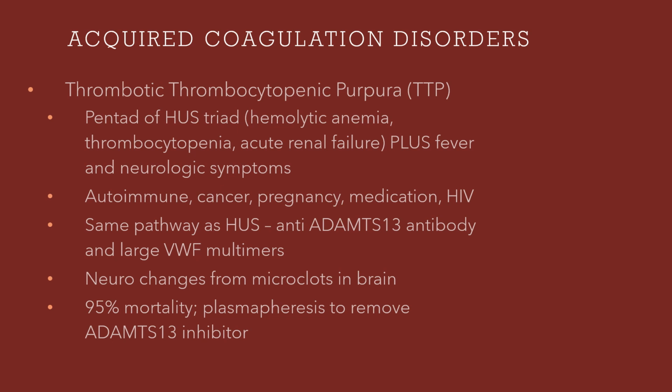It's the same pathway as HUS, where there's an antibody that inhibits the ADAMTS13, and you'll also see large von Willebrand factor multimers for TTP. The neurovascular changes are from microclots in the brain, and this has a 95% mortality rate, so we need plasmapheresis to remove that ADAMTS13 inhibitor.